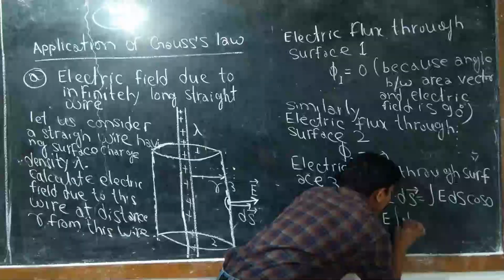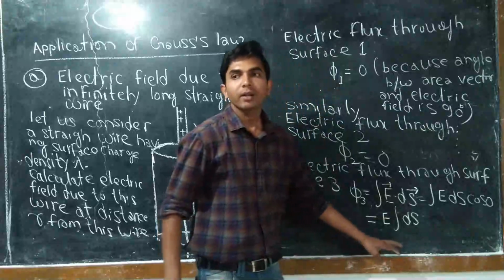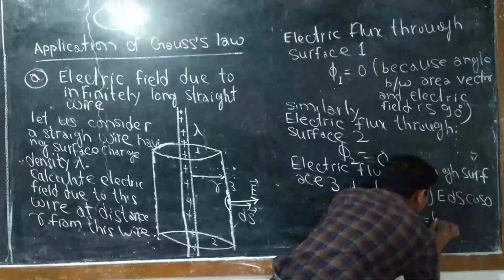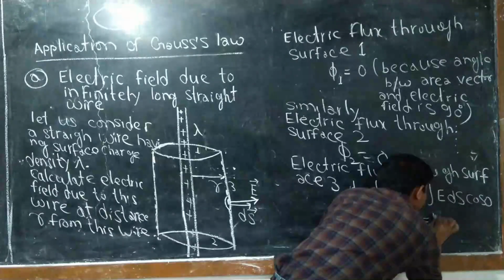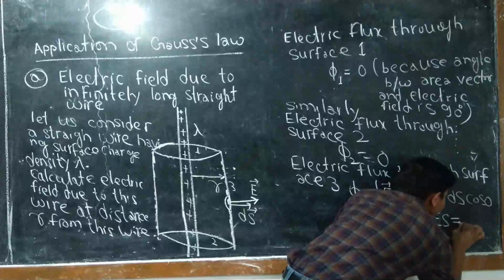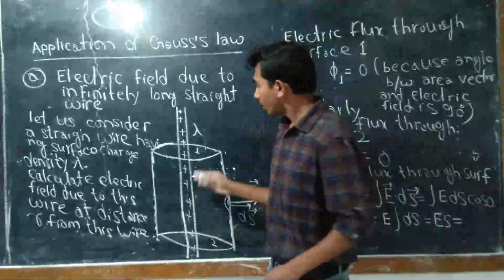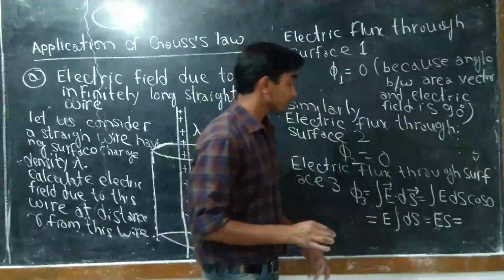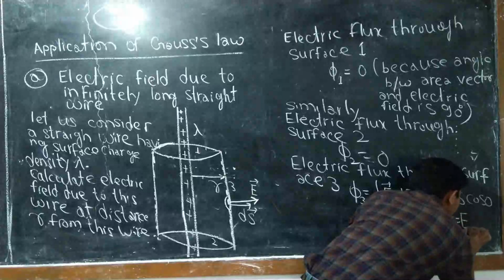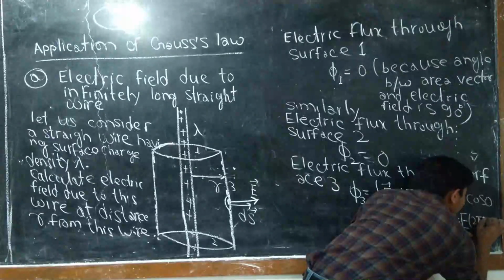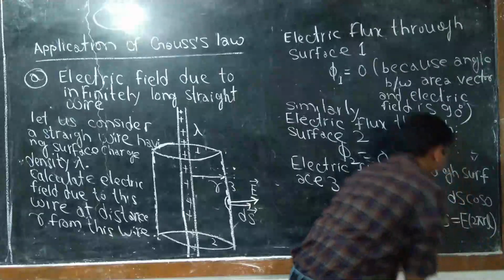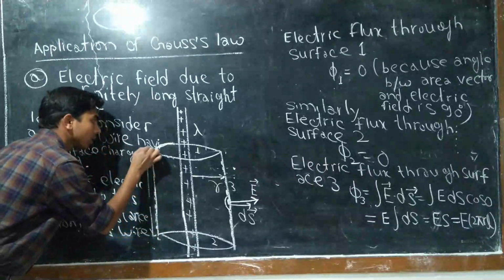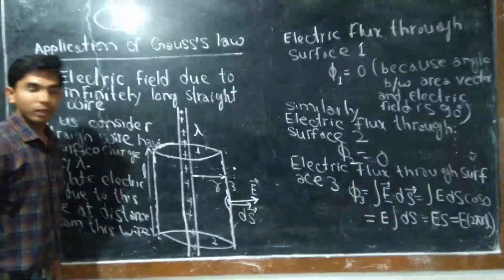And inside the bracket what you have? dS, and the integration of dS is S. And the value of S is the surface area of this one, and that surface area is 2 pi R L, where L is the length of this cylinder.